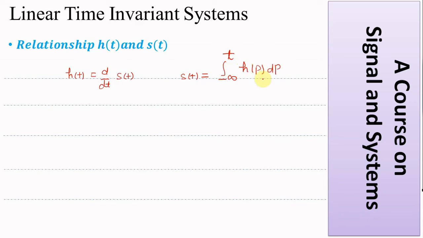Basically the integral starts at minus infinity and goes up to t, because the step response is up to t, so the integral goes up to t of the impulse response. The independent variable of the impulse response can be denoted by some other variable, just to make clear that the time is t, and we integrate the function of the impulse response. So integration of impulse response is step response, differentiation of step response is impulse response. Very straightforward.